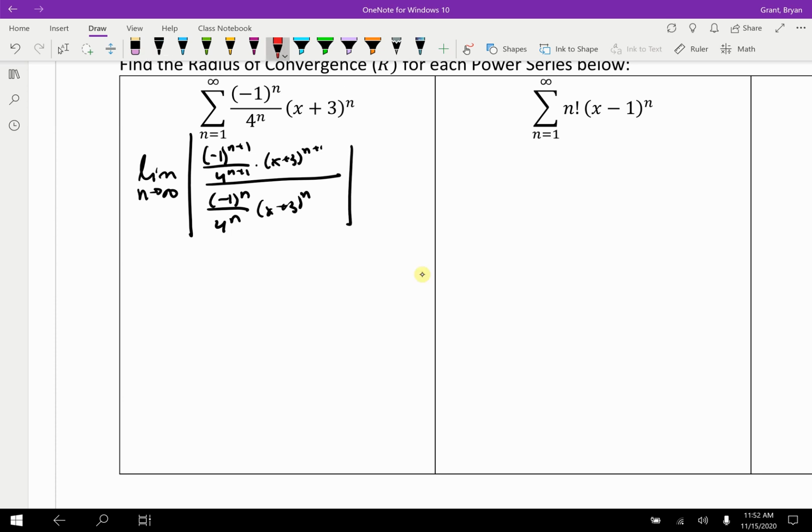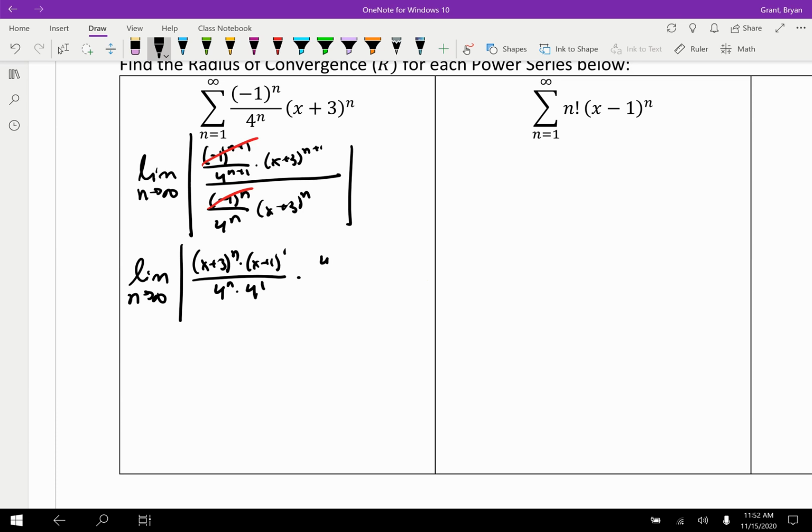Things to note, absolute value, we don't care about the negatives, they won't affect anything at all. We are going to have to multiply by the reciprocal of this other guy. We'll do a little cleanup as well, and since you guys have already done this before, I can move a little bit quicker. x plus 3 to the n plus 1, split into 2 pieces. Same base. Split the 4 to the n plus 1 into 2 pieces.